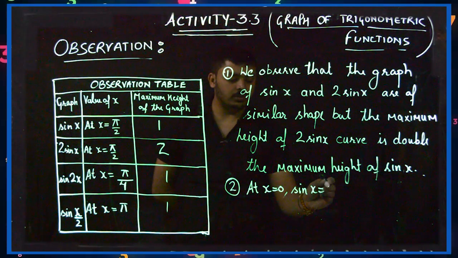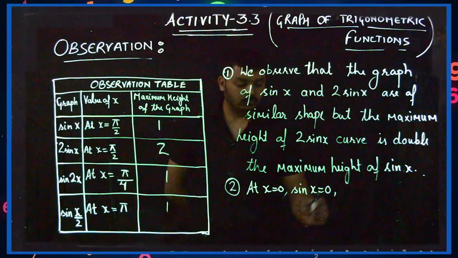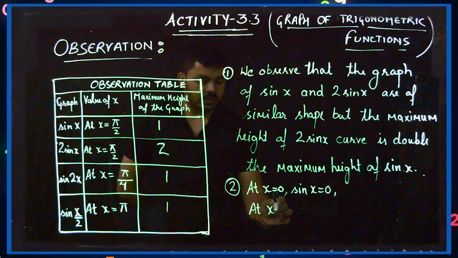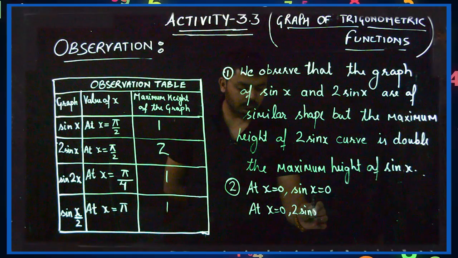Second, at x equals to 0, sin x equals to 0. At x equals to 0, 2 sin x equals to 0.